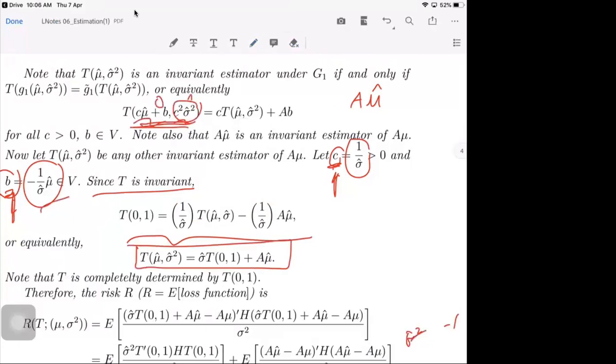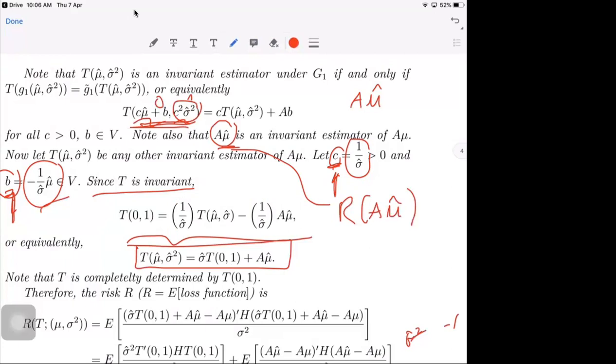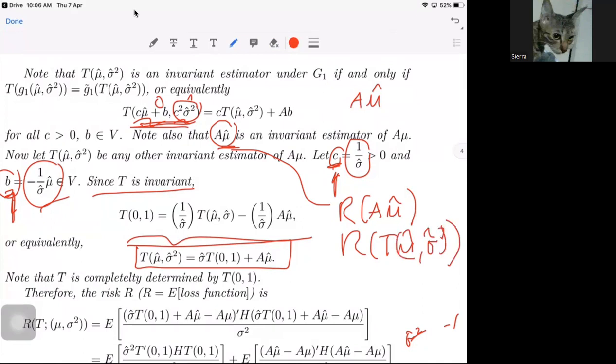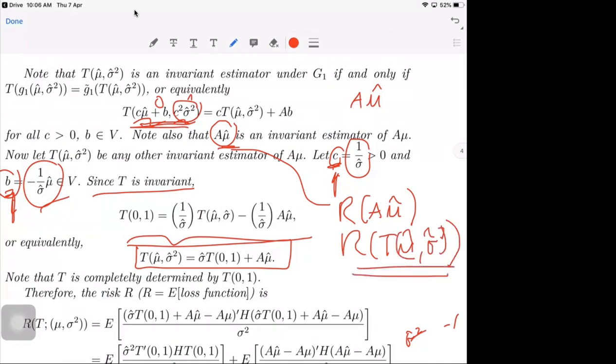Now, our aim here is to find the risk associated with A mu, or the expected loss function associated with A mu, and the risk associated with T of mu hat, sigma hat. What we want is for the risk associated with this to be greater than the risk associated with A mu.